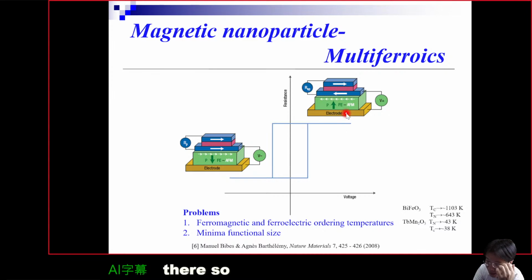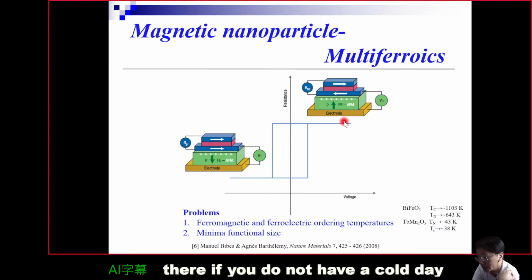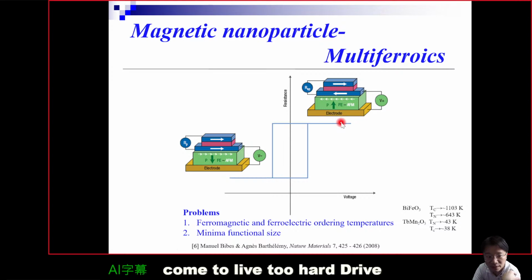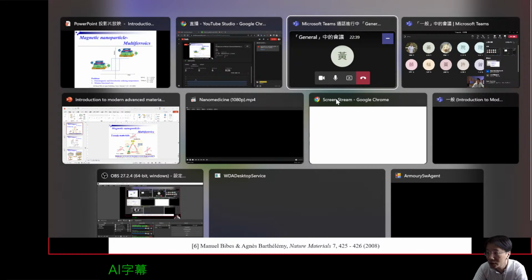If you do not have such a recording density compared to a typical hard drive, that may not have any commercial value for application. But unfortunately, most magnetic materials have a limited working size. This is because of the ferromagnetism. Let me show you here.